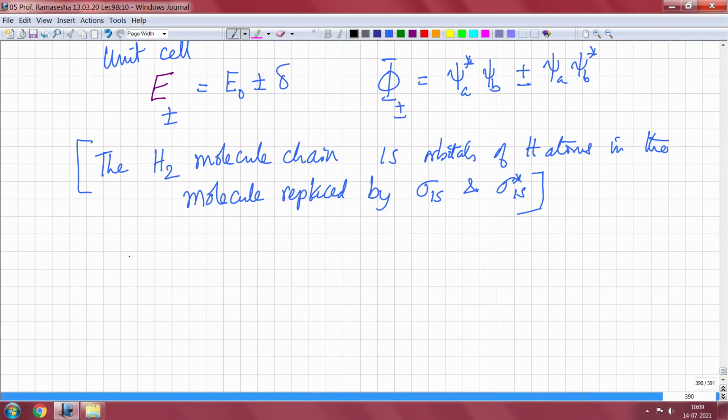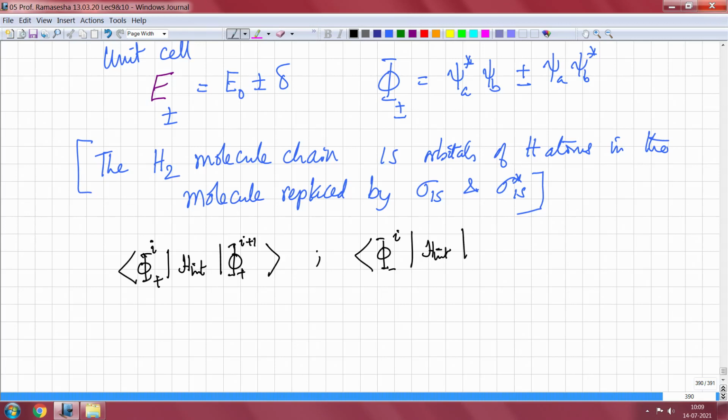I have to get phi plus, H interaction, phi plus for the unit cell I to unit cell I plus 1, and then the other one is phi minus unit cell I, H interaction, phi minus I plus 1, and H interaction is of course the dipolar interaction.